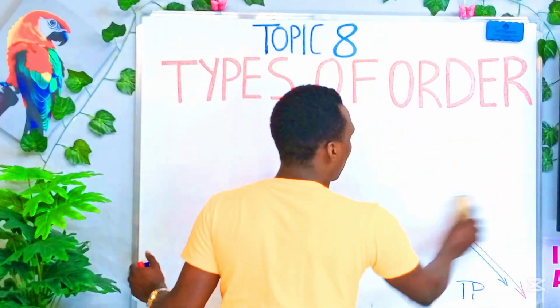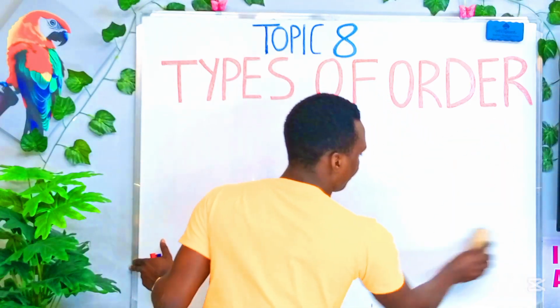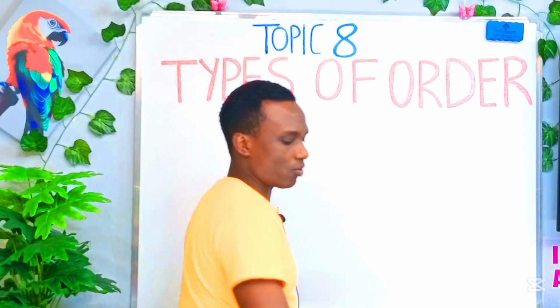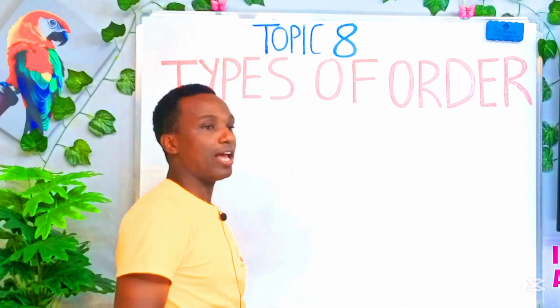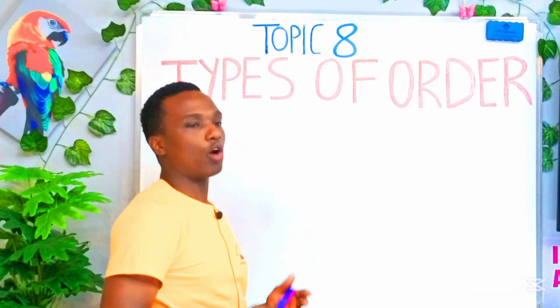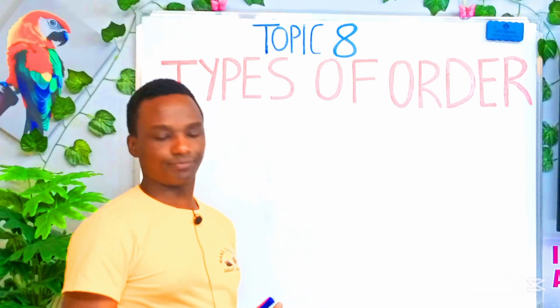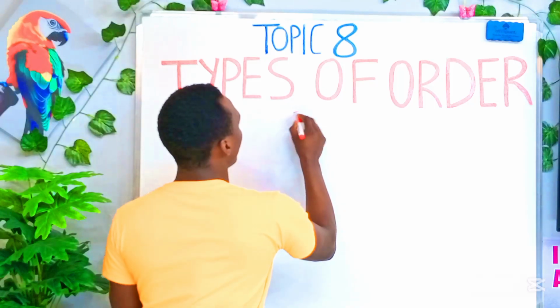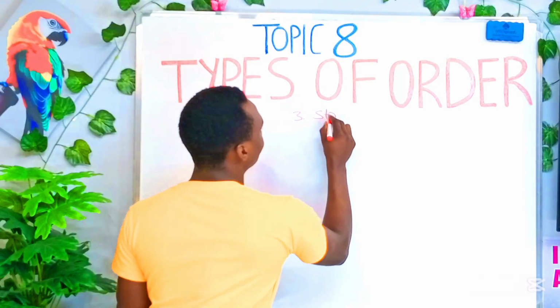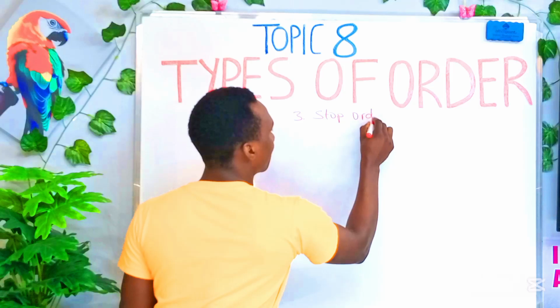You will be using them on a daily basis. They are what gets you in and out of the market, and you will use them to automate and refine your trading strategies.